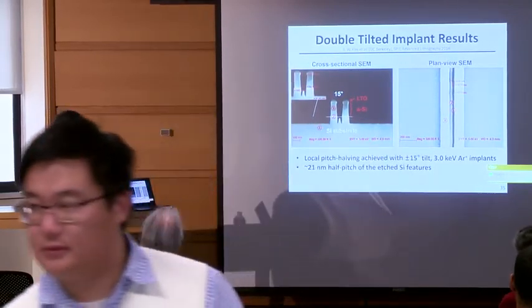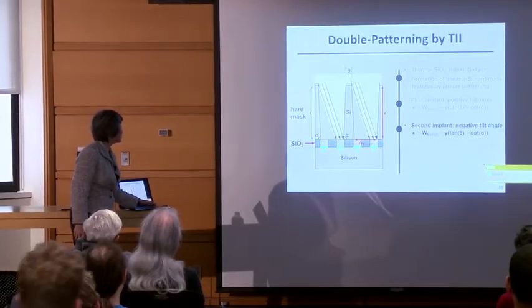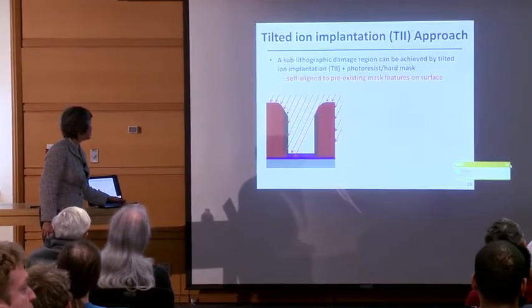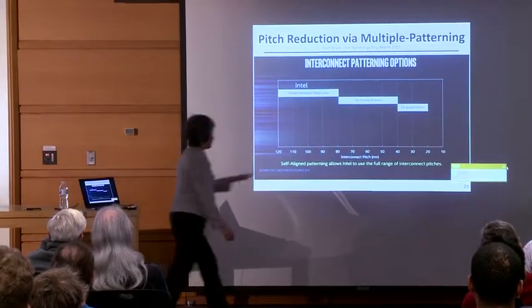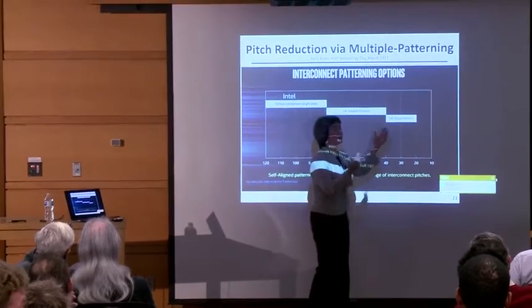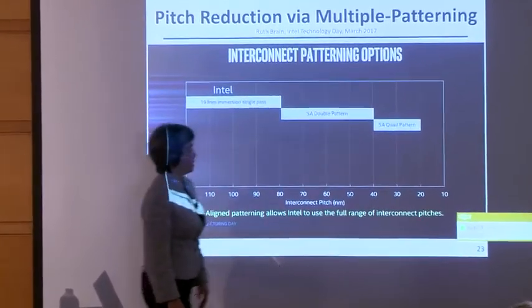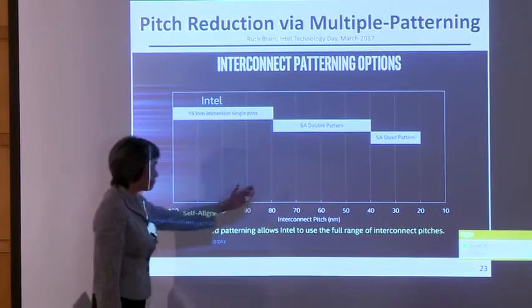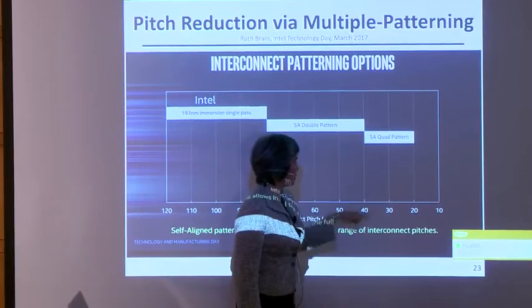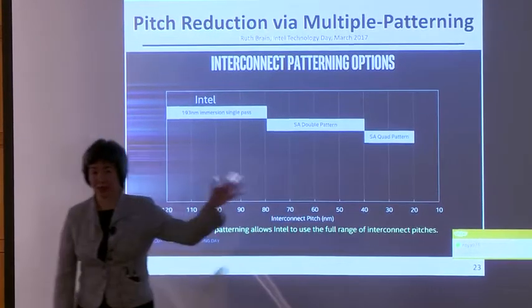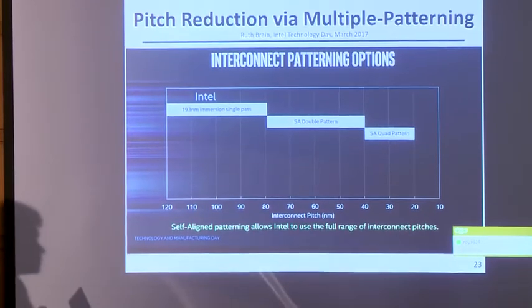So this can get you past, let me see, I think I showed this, together with spacers. If you look at the International Roadmap, the industry is planning to go below 20 nanometer minimum pitch. So you could use self-aligned double patterning and then use tilted ion implantation to get easily into that range or beyond. That's what I think would be most practical.